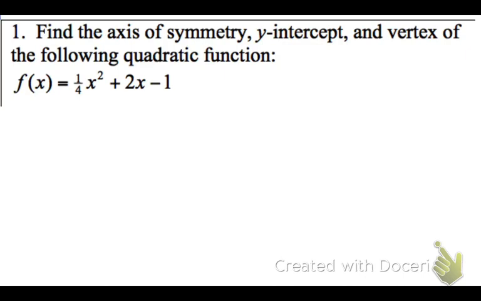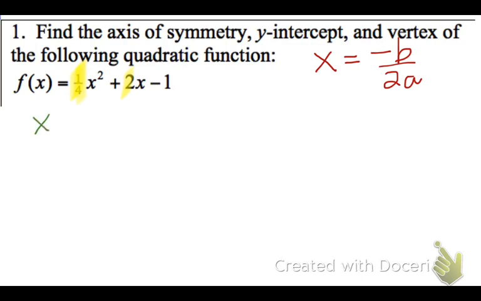Number 1. Find the axis of symmetry, y-intercept, and vertex of this quadratic function. A very helpful formula that you should remember to find the x-coordinate of the vertex is x equals negative b over 2a, where a is the coefficient with the x squared, and b is the coefficient with the x.